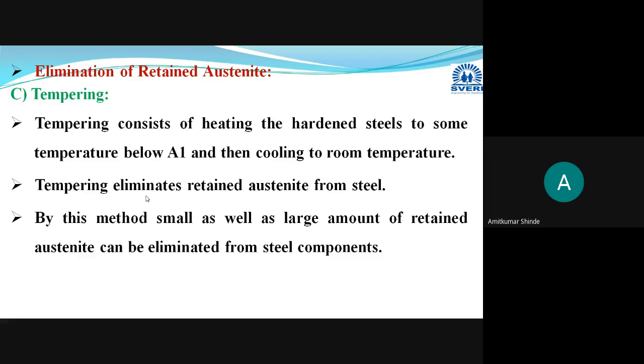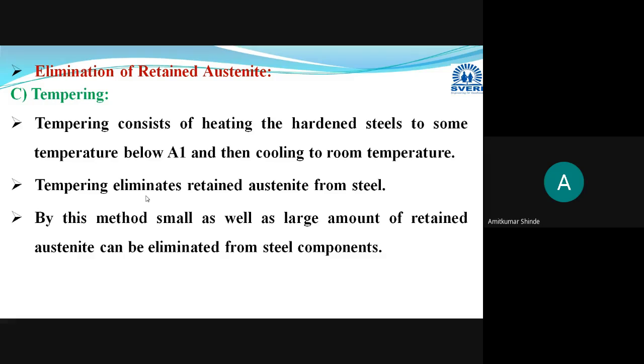Just understand that by tempering the steel, retained austenite is eliminated, and this process can be applied whether the amount of retained austenite is small or larger.